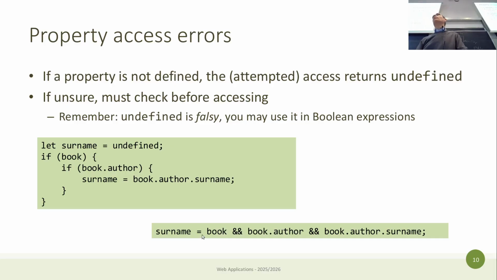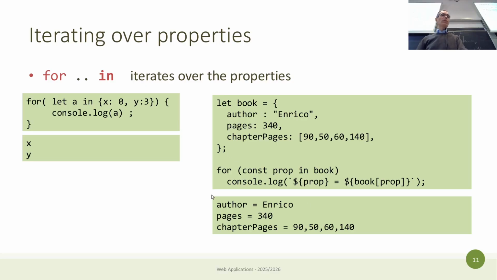Otherwise, you get the value of the left expression. Good, so it's a shorter way of writing the same code as above. Sometimes it's very convenient to make the code more readable. For JavaScript, it's actually the same.